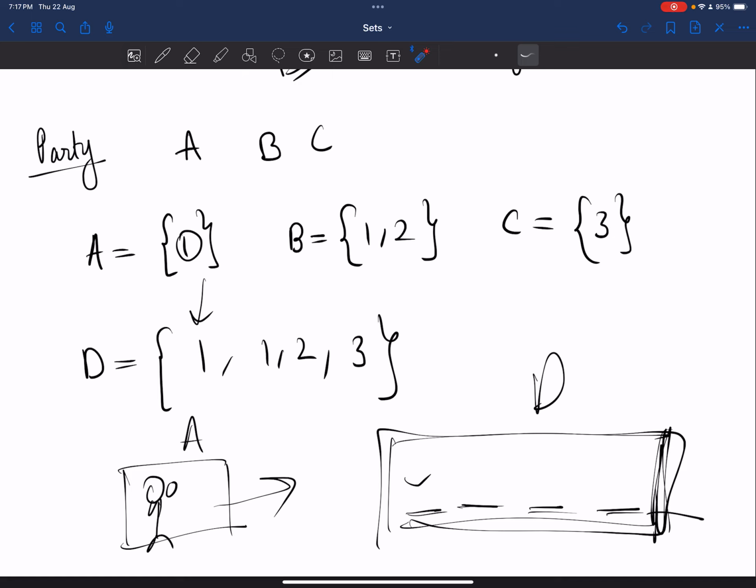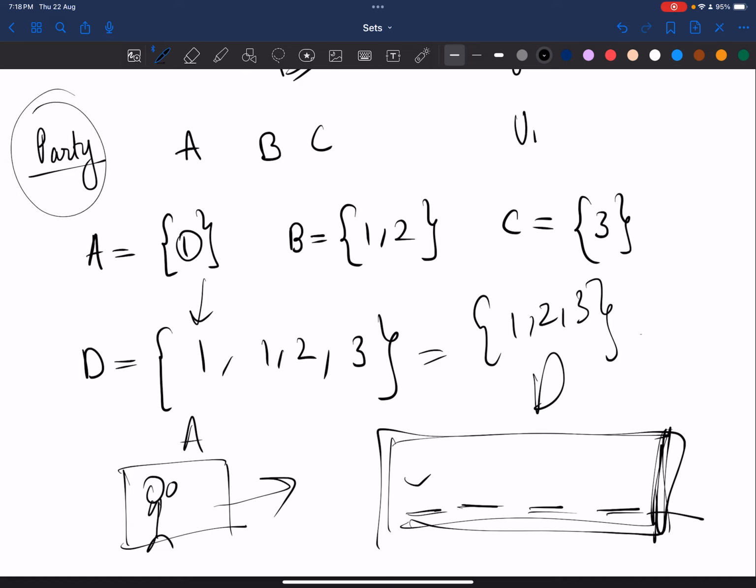Now this one, as we know clones are not allowed, is just 1, 2, and 3. That's basically the party, and the party is called a union. It's represented by U, the first letter of the word.